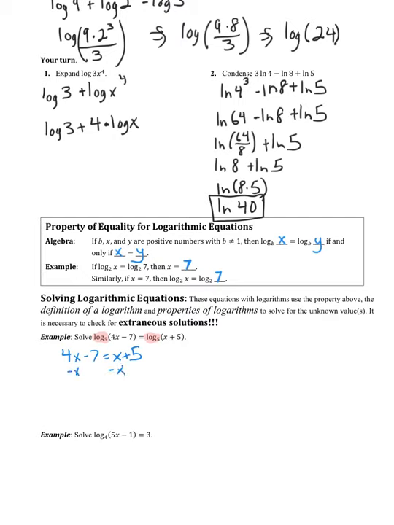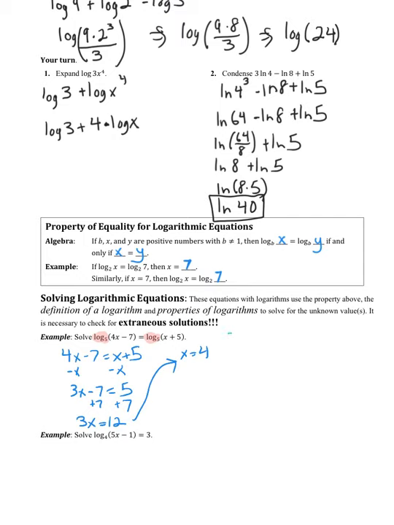Let's subtract x from both sides. So 3x minus 7 equals 5. Let's add 7 to both sides. 3x equals 12. And then divide both sides by 3, and we're going to get x equals 4. All right, that's the idea here.